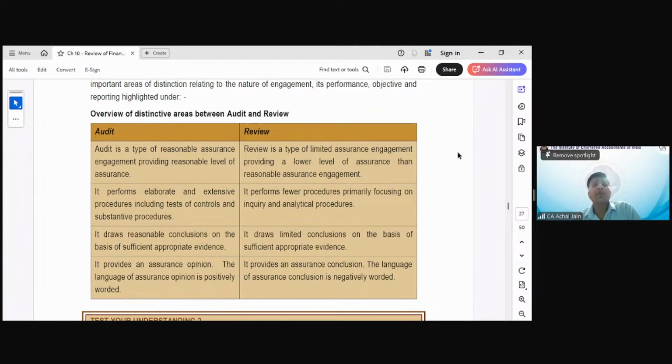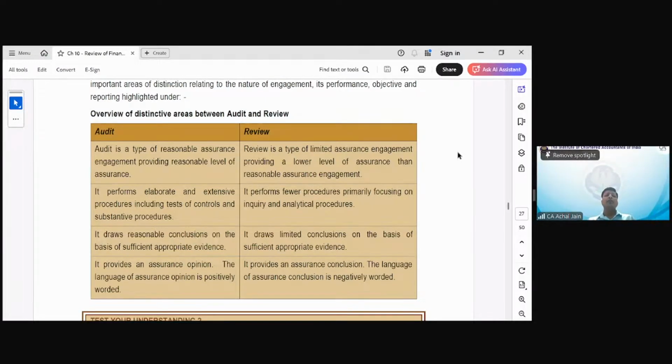Because it's reasonable assurance in case of audit, you perform elaborate, extensive procedures, including control testing, test of details. But when it comes to review, you'll do fewer procedures, wherein you will not be looking at control testing, testing of details, unless that is considered important.